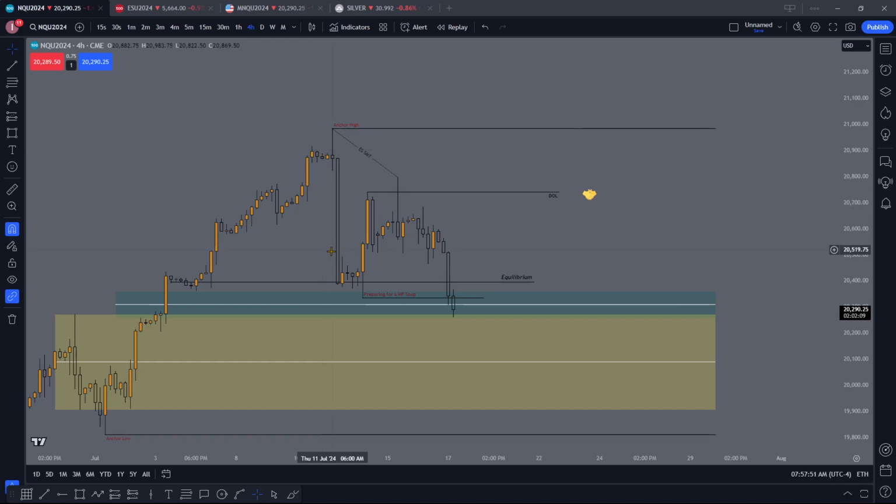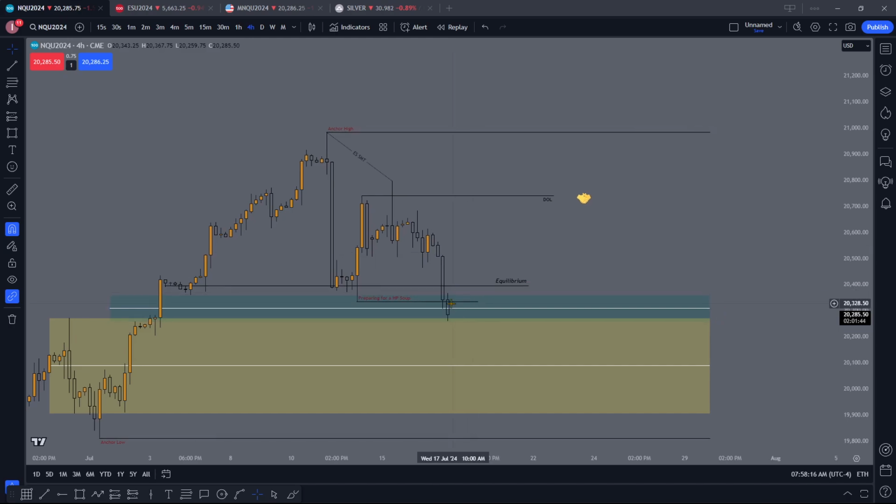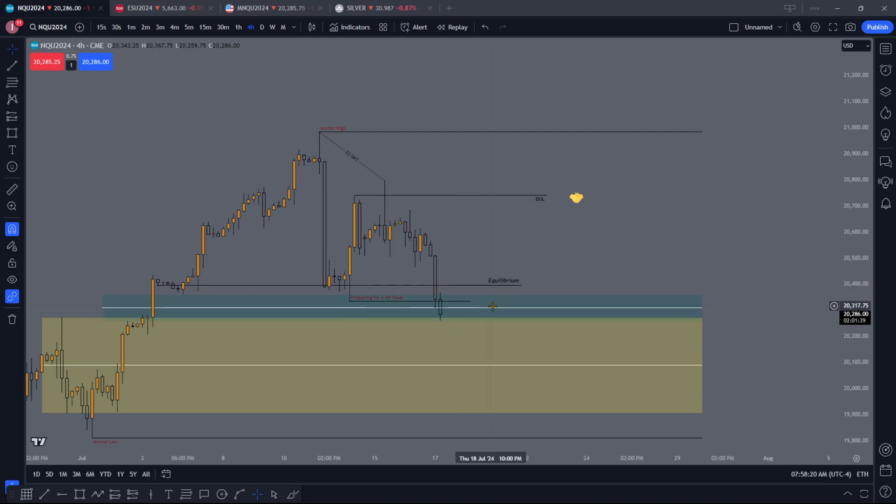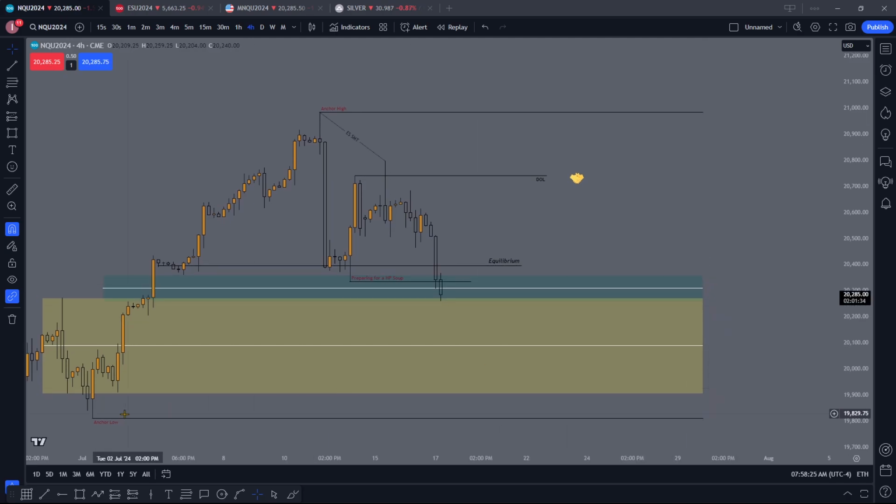So the first manipulation, and then the second manipulation. This second manipulation is to induce early buyers within this leg higher. Lots of people who have bought here have recently been taken out with this third manipulation, preparing for distribution higher or preparing to retrace to inverse this weekly imbalance here and then head lower to anchor low.